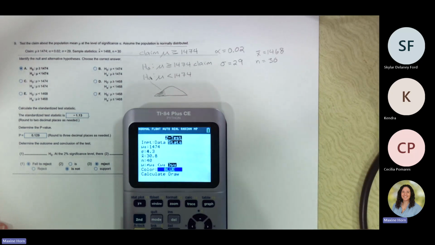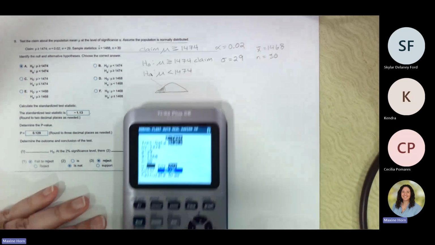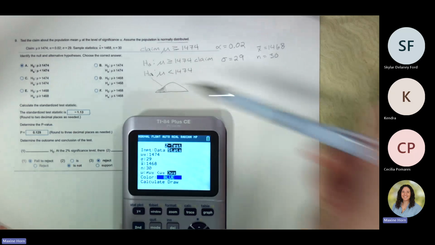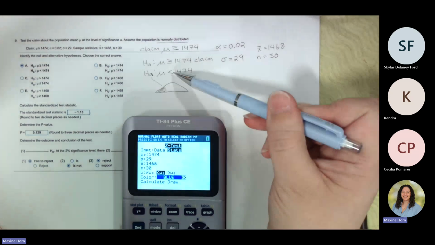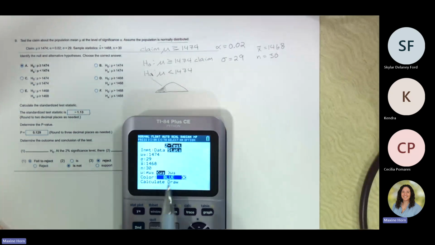Our population standard deviation is 29. Our sample mean is 1468. And our sample size, n, is 30. This is a left-tailed test, so we make sure that less than is selected, because what goes here is your alternative hypothesis, which is a strict inequality.